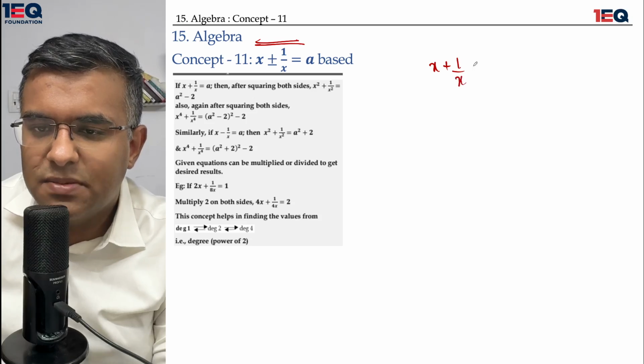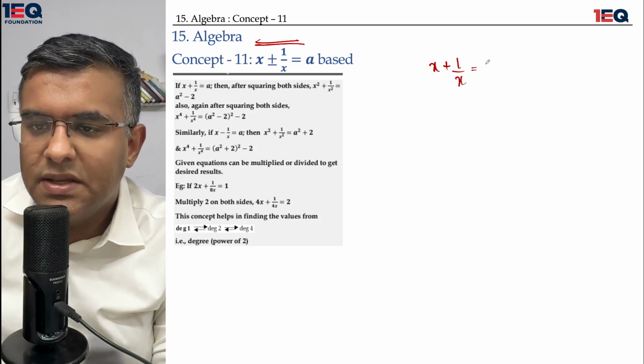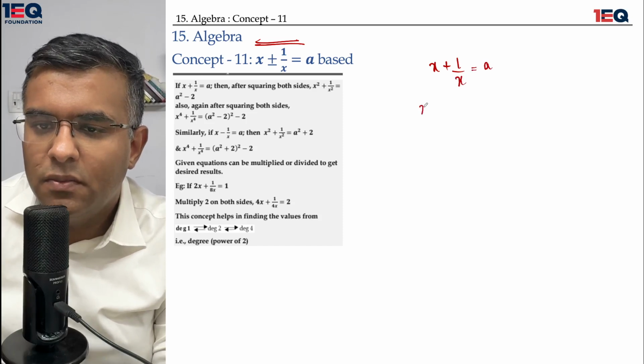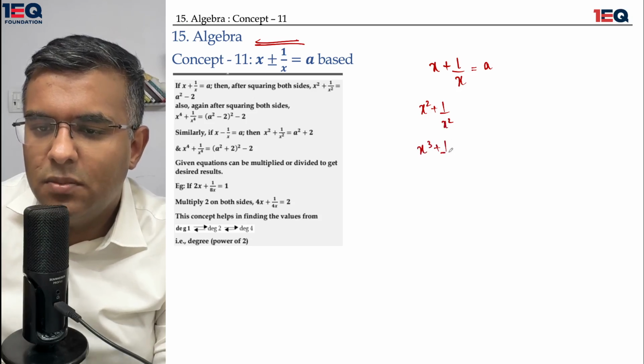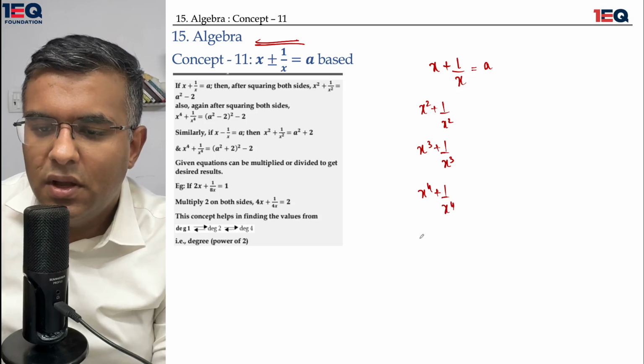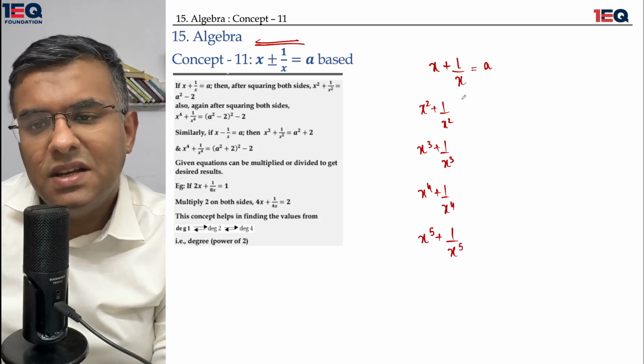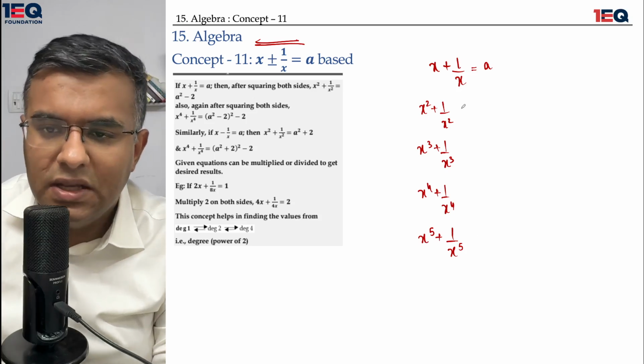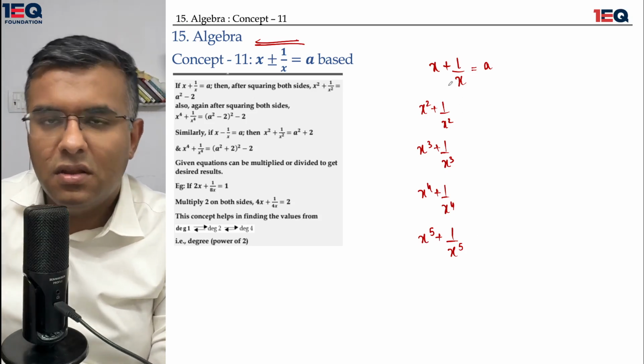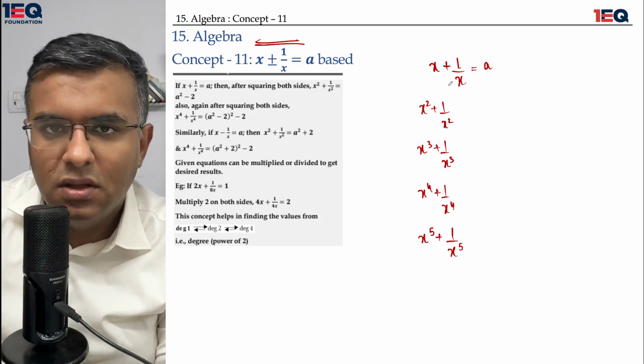There is not much explaining. x plus 1 by x, if this is equal to a, then x square plus 1 by x square, x cube plus 1 by x cube, x4 plus 1 by x4, and x5 plus 1 by x5. These are the most standard forms. You can easily derive the higher powers using this work.